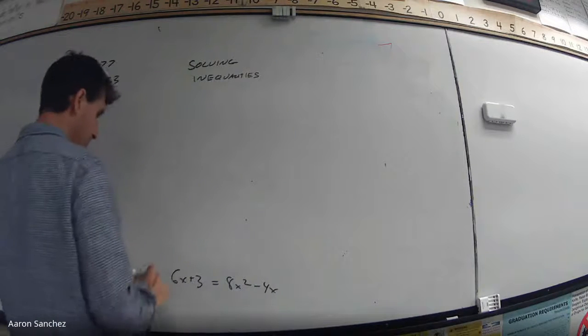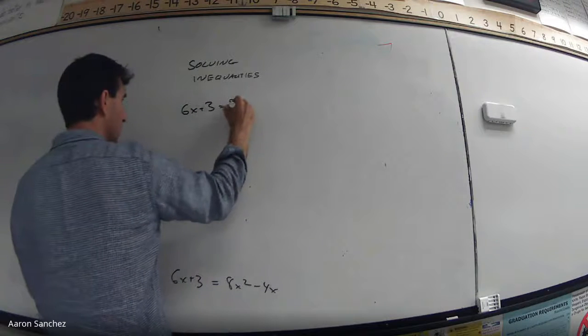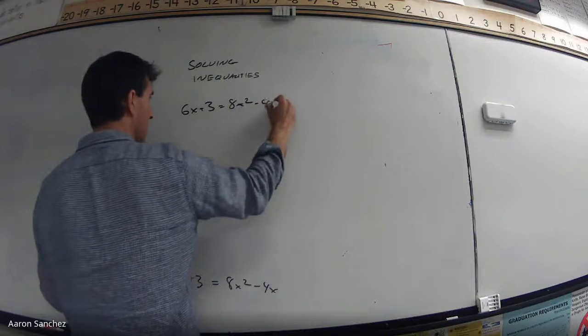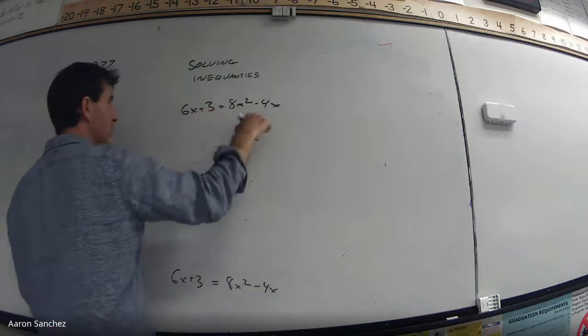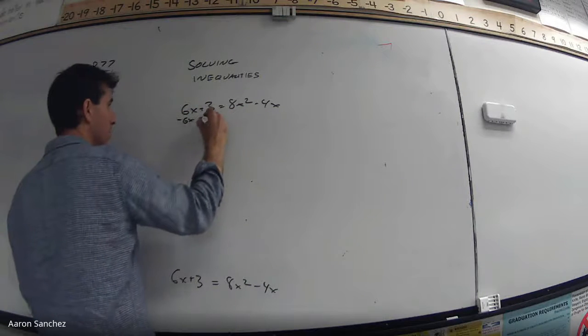Okay, so we have 6x plus 3 equals 8x squared minus 4x. Set it equal to 0. I want to make 8x squared positive, so I'm going to take away my 6x and my 3.